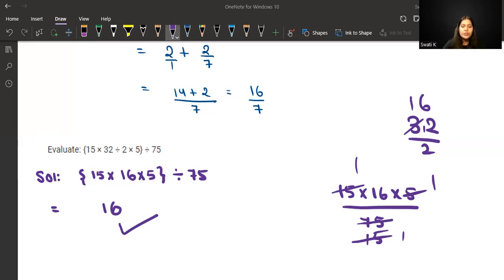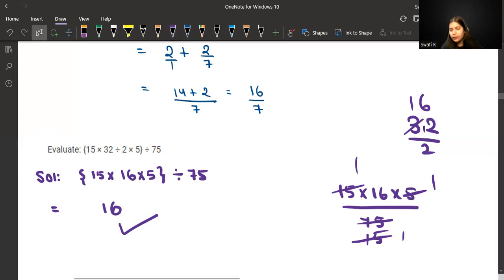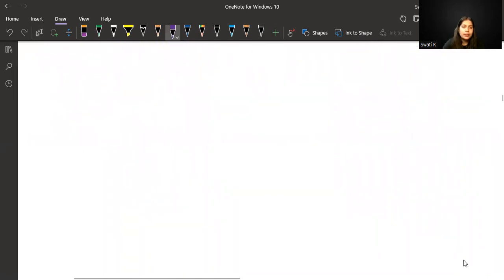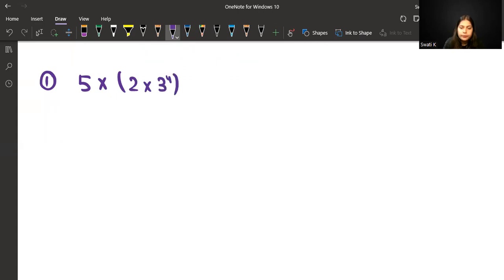Now I'll try to write down the question here only because it will take time if I'm doing the copy and paste. So yeah. This is our next question, and in the next question we have to simplify 5 times 2 times 3 raised to 4, and then divided by 6 plus 7 minus 8.